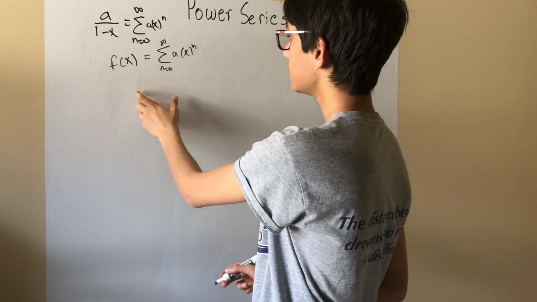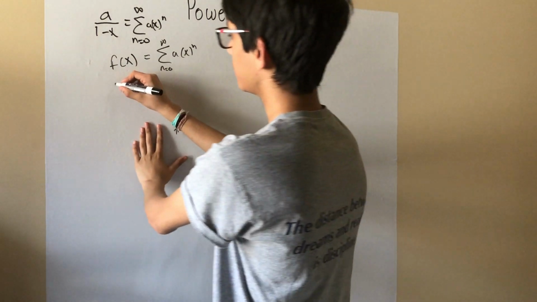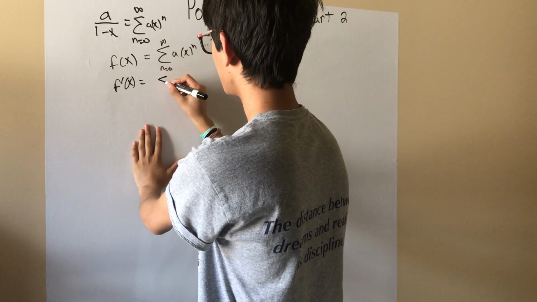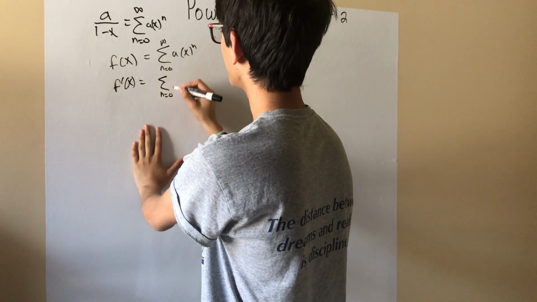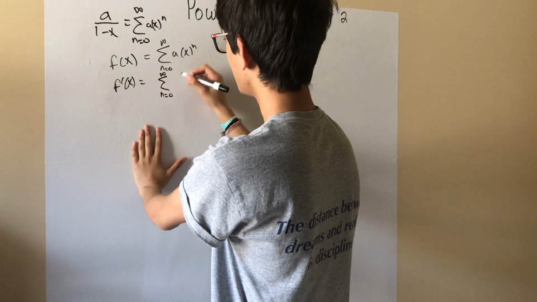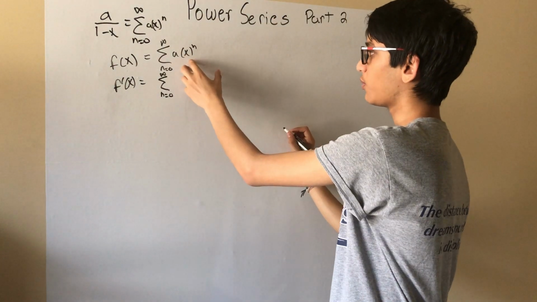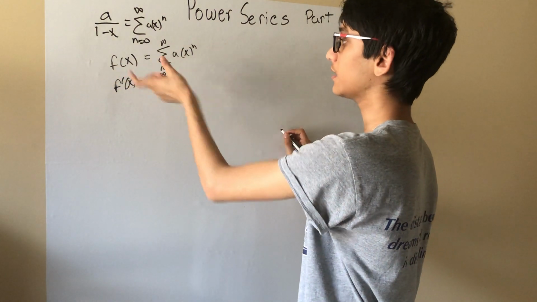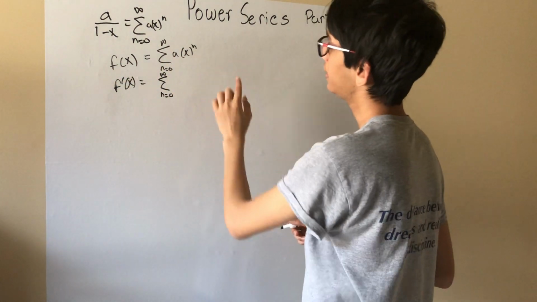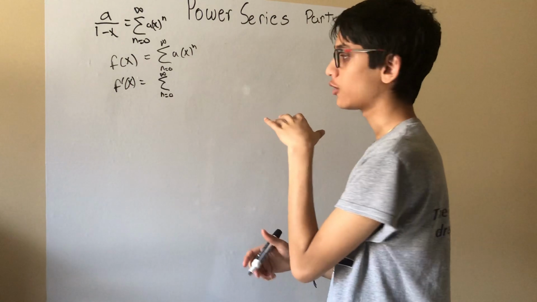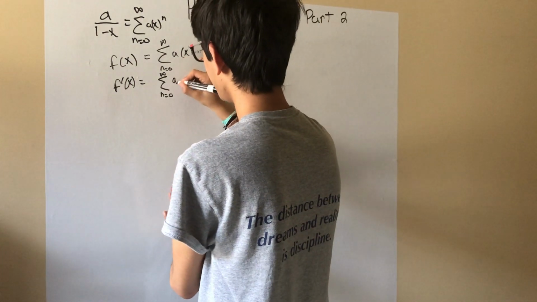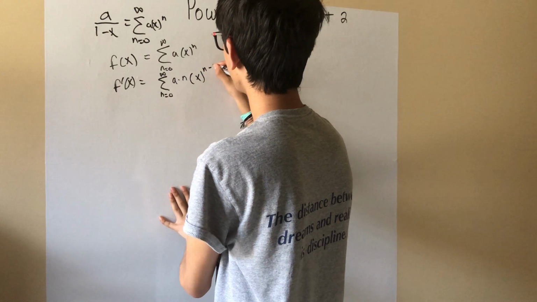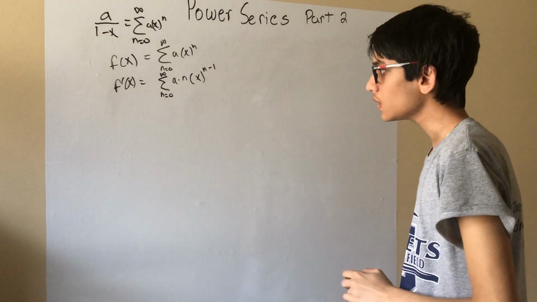F prime of x equals the sum from n equals 0 to infinity of, this is just a simple power rule, right? Because the only variable that you're taking the derivative for is x. And x is raised to a power, right? So then it'd be a times n times x to the n minus 1, right?